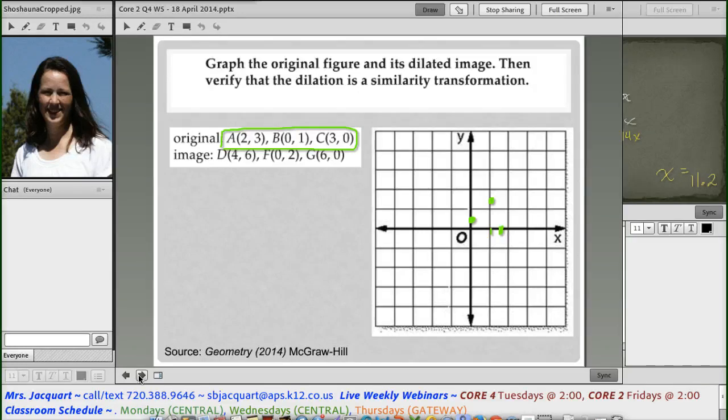So that's my original picture. And then we're going to do blue. 4, 2, 4, 6, 0, and 2. Whoops, back up on that one. 0 and 2. And then 6 and 0.